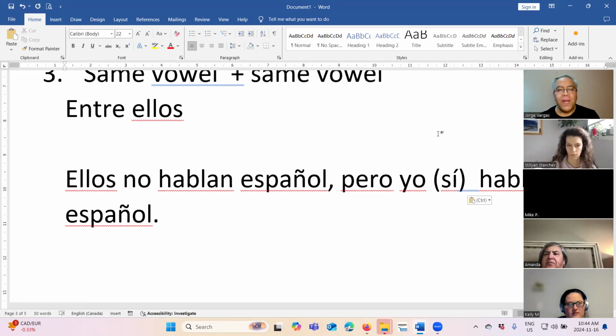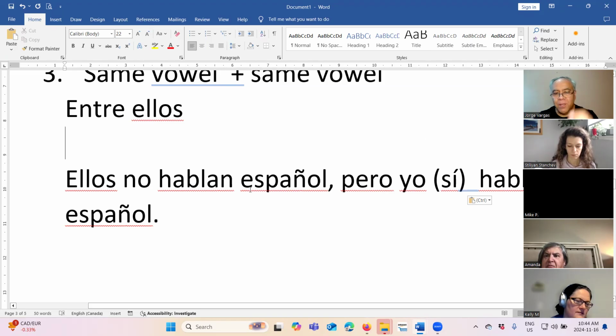Beautiful. And that's perfect fluency, because little by little you're getting used to all these little rules. Ellos no hablan español. So you linked it. Hablan español, pero yo sí, little pause, hablo, and you link it again. Pero yo sí hablo español.